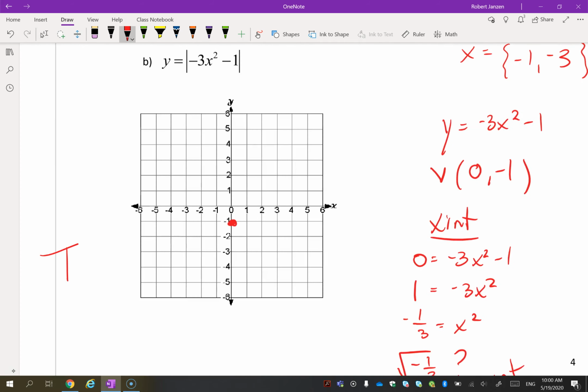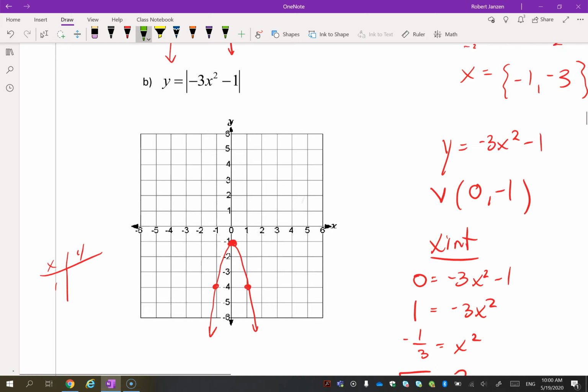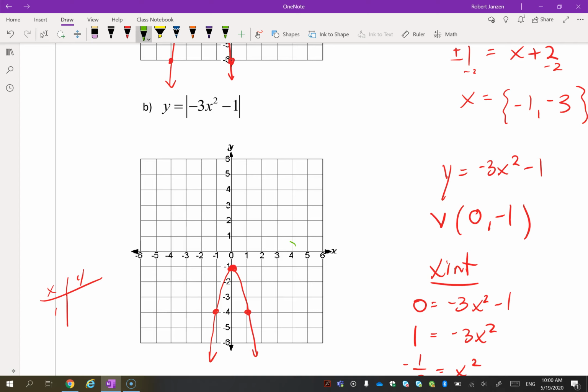Okay, so maybe I'll just take a little table of values here, and let's just pick x is 1. If x is 1, I get negative 4, and that gives me, it's going to be the same on the other side. So now I have a parabola. And if I take the absolute value, where are the critical values?